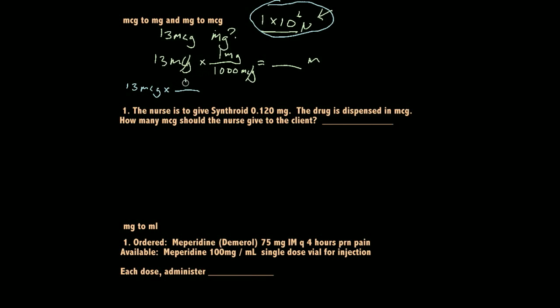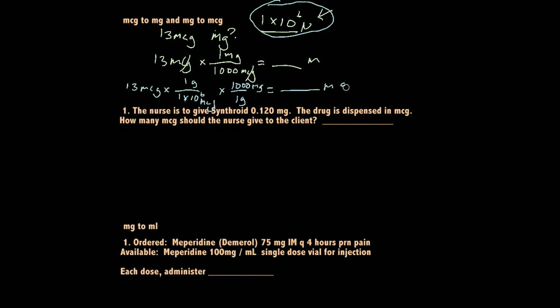Multiply for every 1 gram, I have 1 times 10 to the 6, or a 1 with 6 zeros behind it, micrograms. And then just go from grams to milligrams. I know that for every 1 gram, I have 1,000 milligrams. There's nothing wrong with that. Both will get you to the exact same answer.